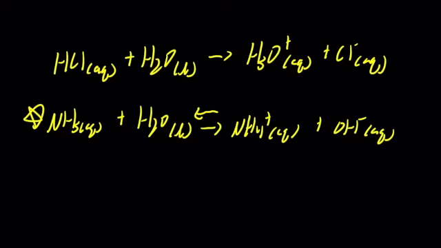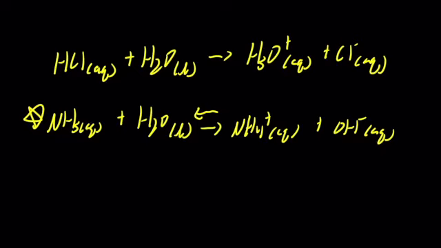But for weak acids and bases, they don't dissociate completely, and in fact, some of the original reactant may still be present in the final reaction. So as a result, there's a matter of equilibrium when dealing with weak acids and bases. So that's just something to point out.